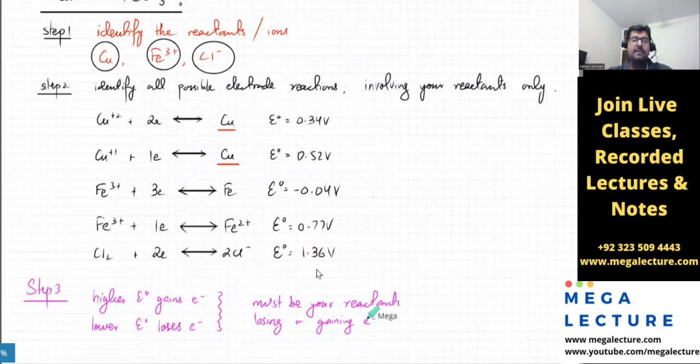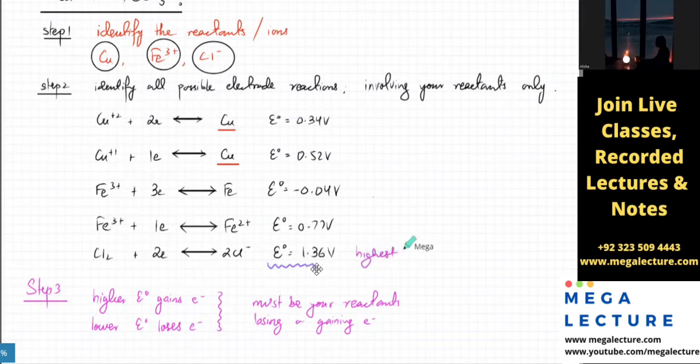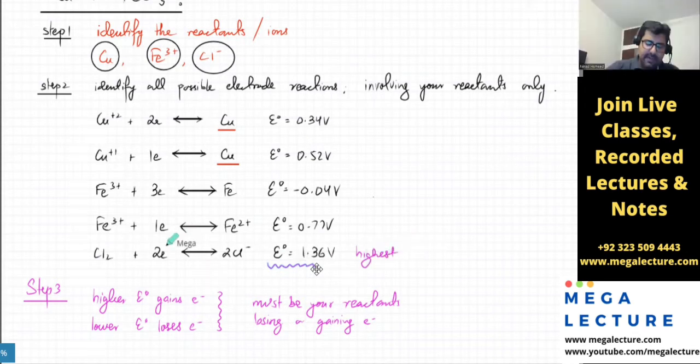Which one is the highest potential at the moment? That's 1.36 volts. I'm going to try and figure out who gains electrons. So right now, the highest potential, that means this is the one that's going to gain electrons. It's going to go in the forward direction. That's the highest. But I can't use this equation. Again, the reason I can't use this equation is because it's Cl2 that's gaining electrons. I don't have Cl2 anywhere in my reactants.